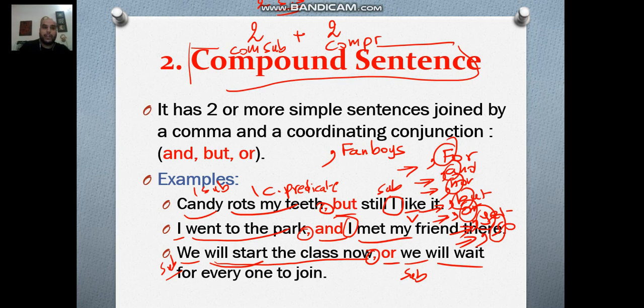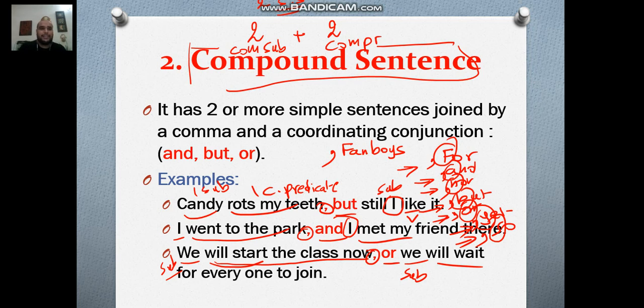I is a subject, met, of course, is the simple past of to meet, an irregular past. So met my friend there is the complete predicate. So I have two subjects and two verbs. That's the formula, plus a comma and one of the FANBOYS. So it's a compound sentence.